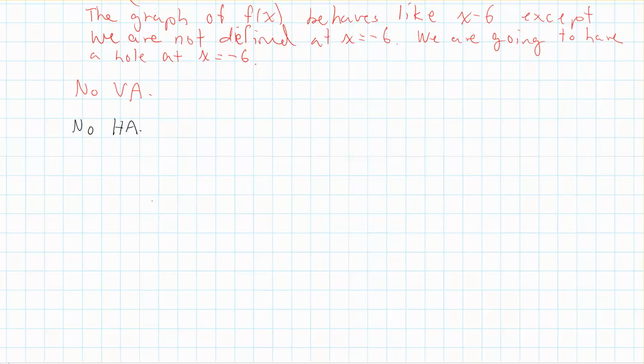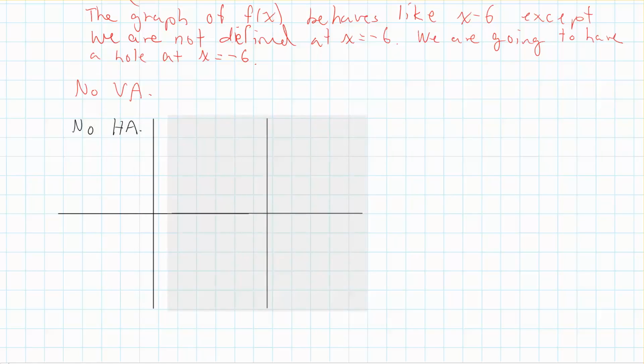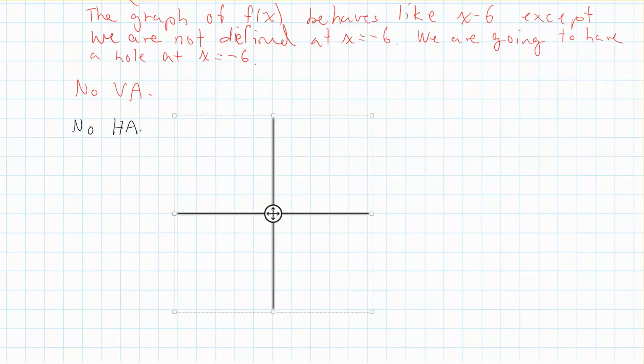Now, as I said though, it's a straight line except we're not defined at x equals negative 6. So I'm going to go ahead and change this here, and I'm going to do these by 2's here.